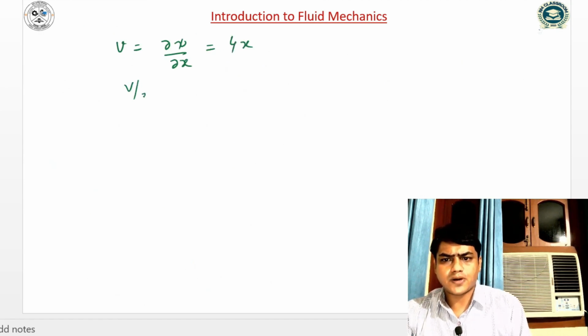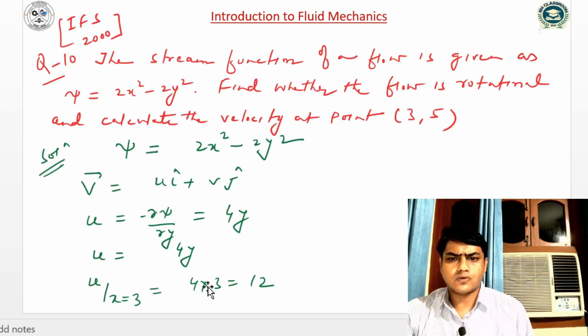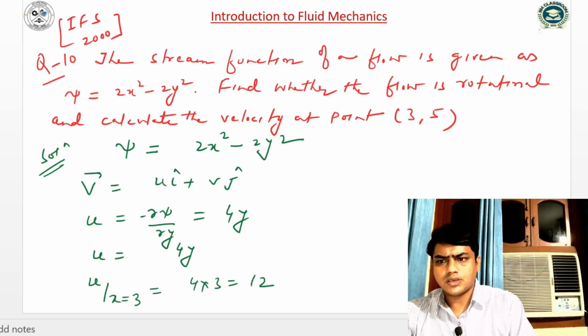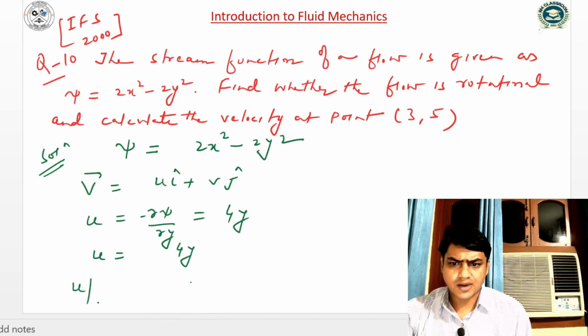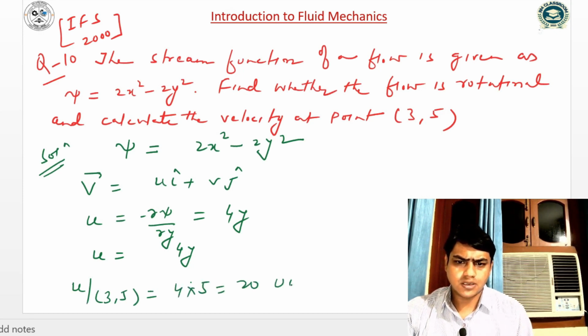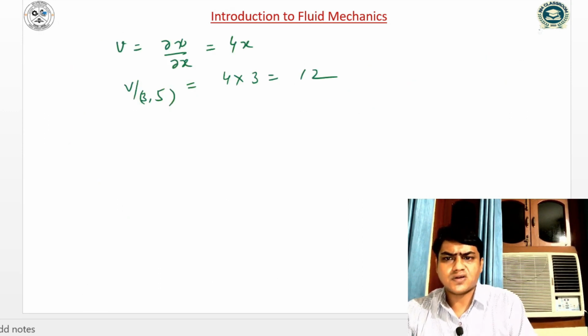I'm sorry, here at point x is equal to 3, y is equal to 5, so u will be 4 into 5, that is 20 units, and the y component of velocity is 4 into 3, that is 12 units.